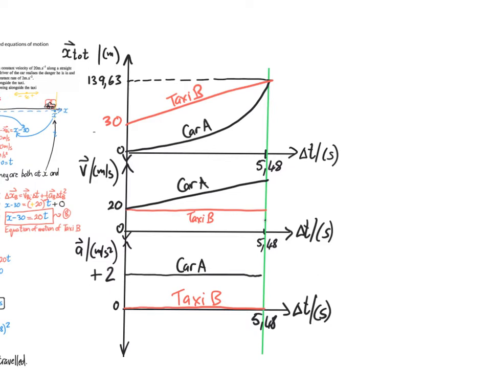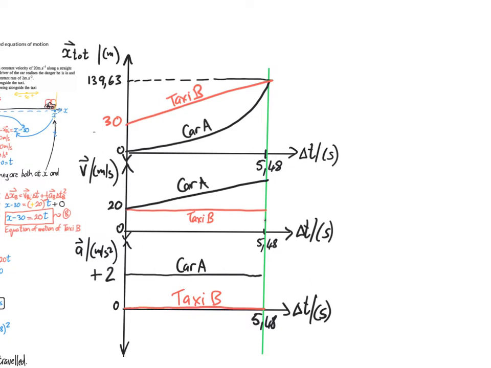Car A is going to accelerate at 2 meters per second squared, which means its gradient for the velocity-time graph is going to be 2 meters per second squared. And we see it accelerates at a constant rate. We didn't work out what the final velocity was there, but that's okay. This is a sketch graph. We were not asked to explicitly work it out.